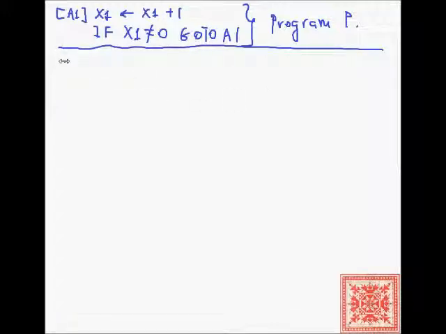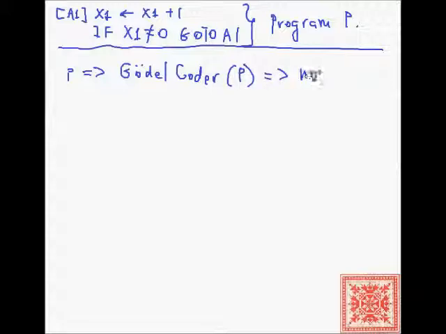Our job is to compile this program, or give it to the Gödel coder, and produce the Gödel number, the number corresponding to this program. So we're going to take this p, give it to the Gödel coder or to our compiler, and we will produce one natural number uniquely corresponding to that program.